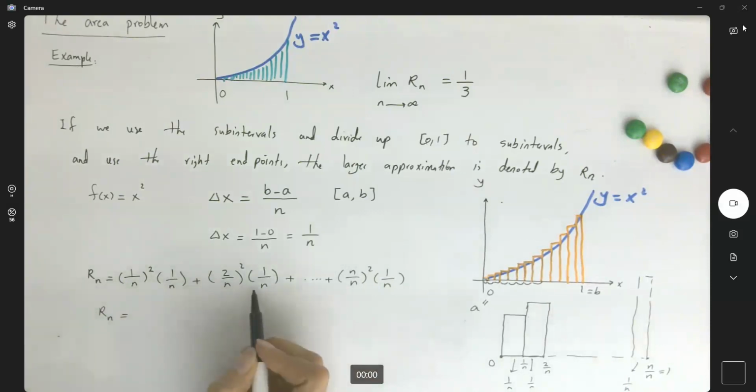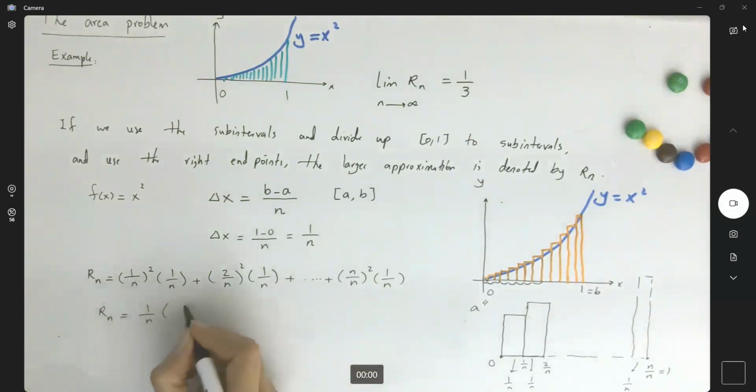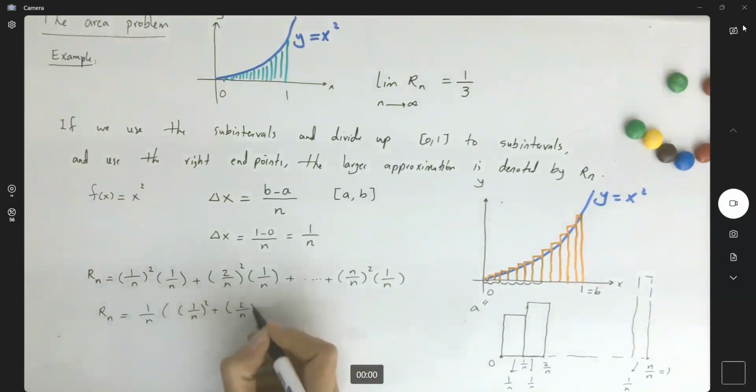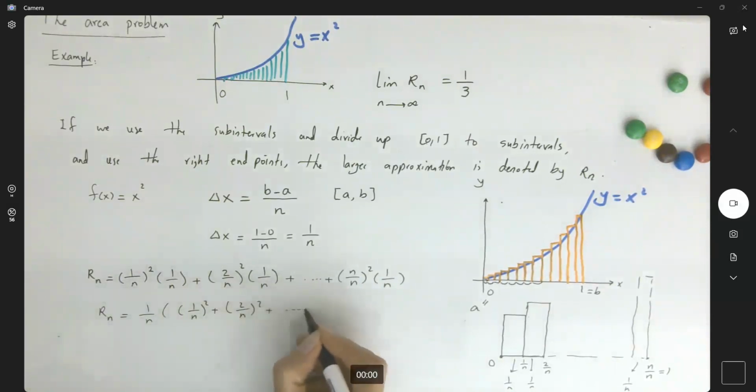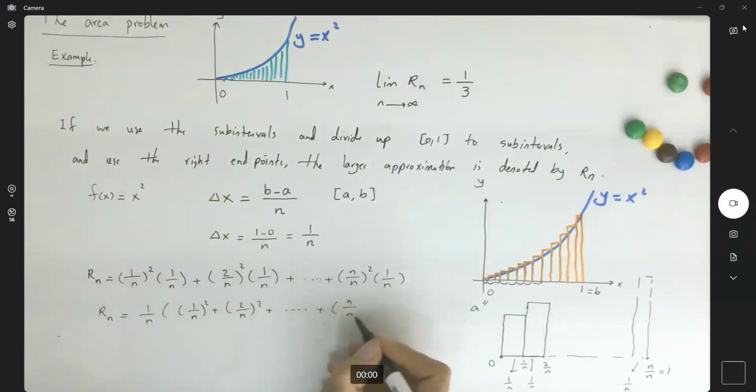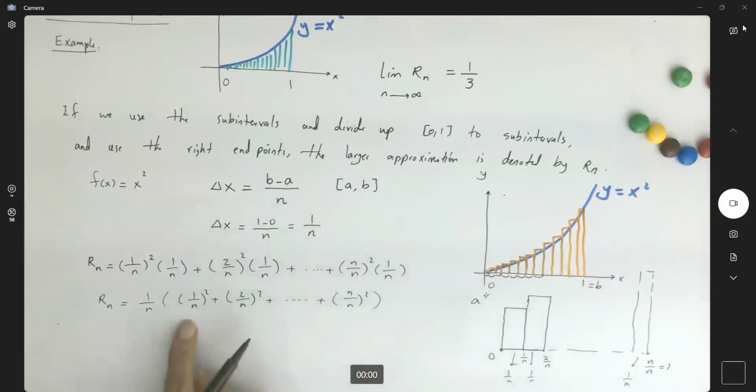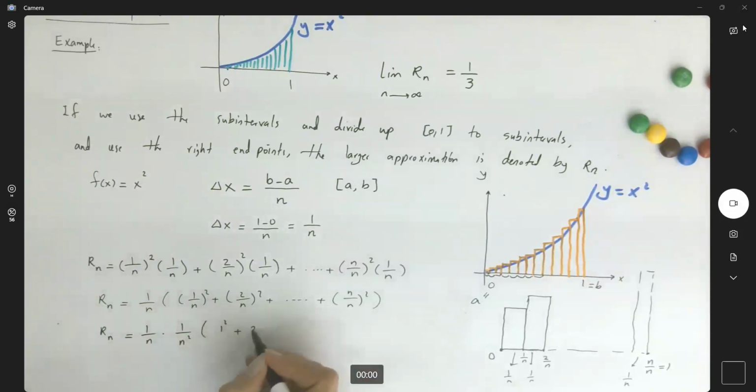So here you can, for example, factor out 1 over n. You get 1 over n squared plus 2 over n squared plus n over n squared. What else? Here I can factor out n squared as well. So Rn becomes 1 over n times 1 over n squared, 1 squared plus 2 squared plus n squared.